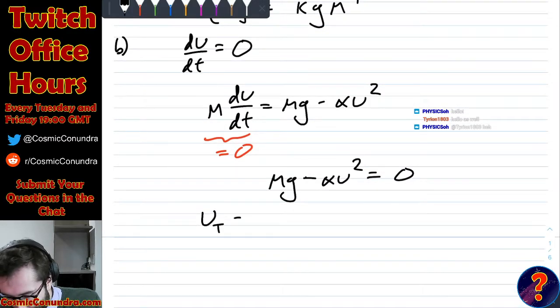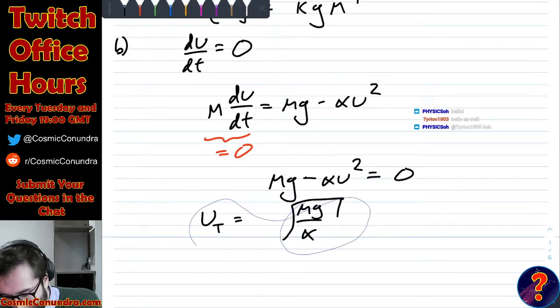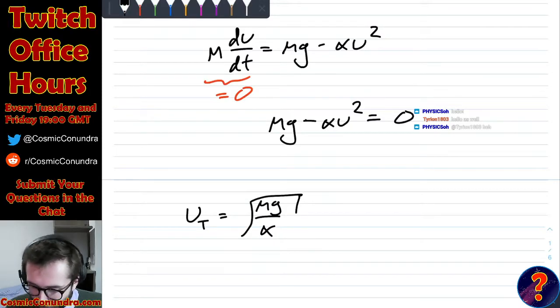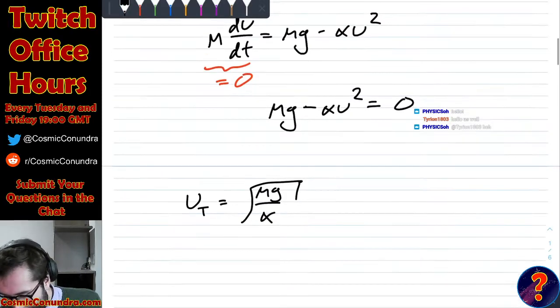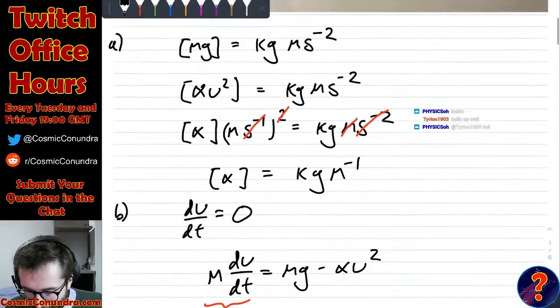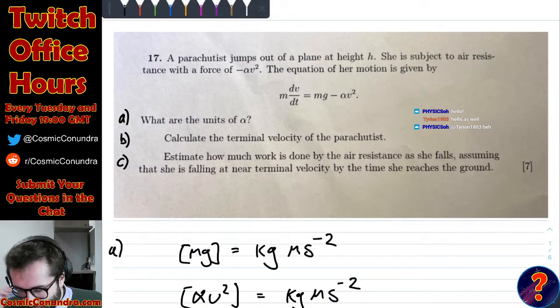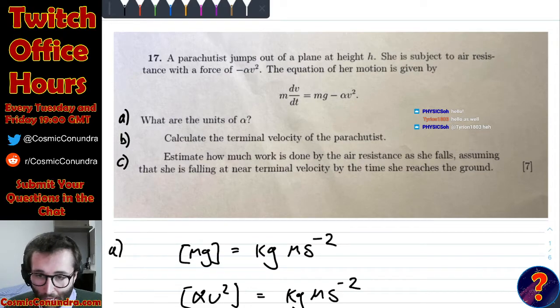And we can rearrange for the terminal velocity, which will be the square root of mg over alpha. Let me put that down there a bit neater. Okay. Then part C is where things get slightly trickier. So part C wants us to estimate how much work is done by air resistance as the woman falls.